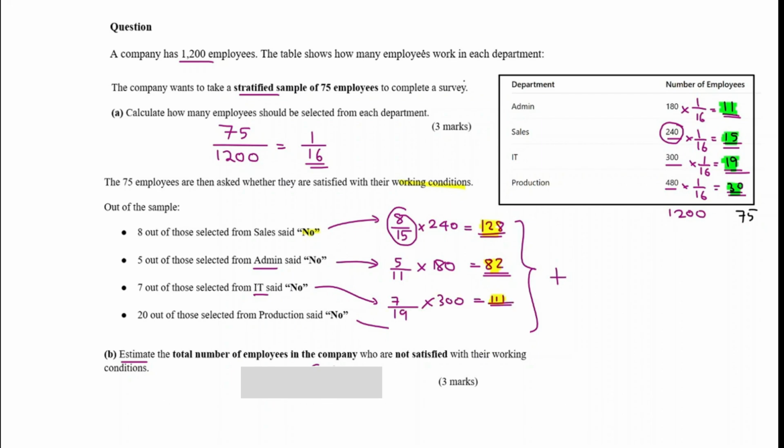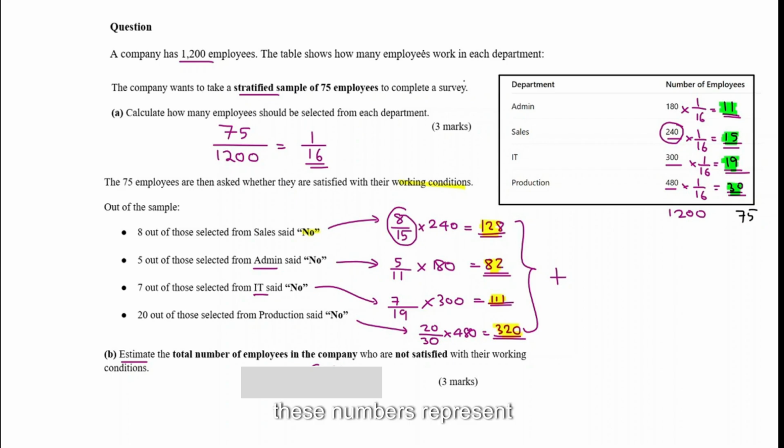IT, 300. You multiply this one by 300 and you get 110.5, so let's call it 111. And production, 480, and that's 320.